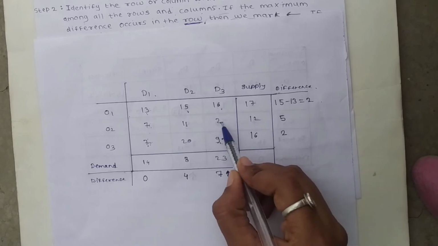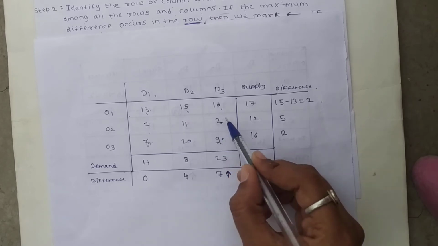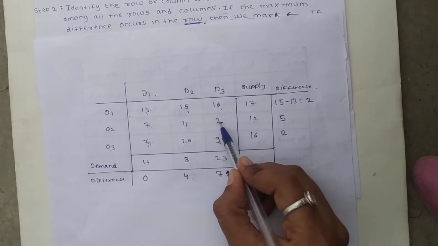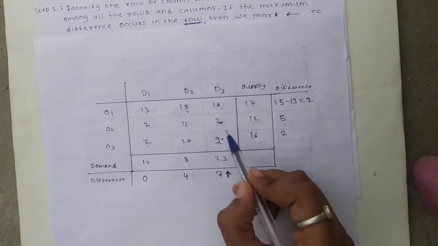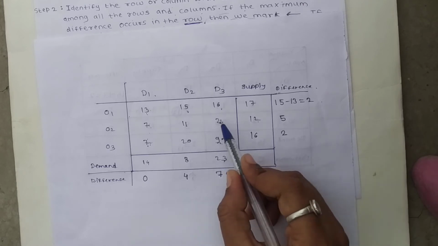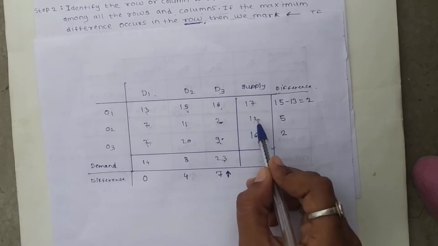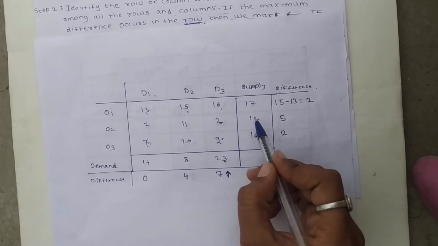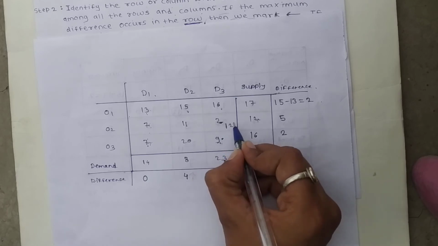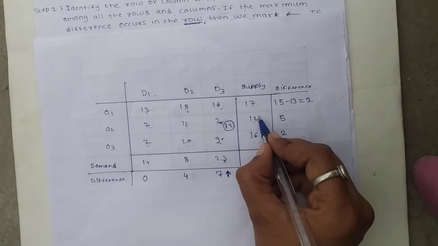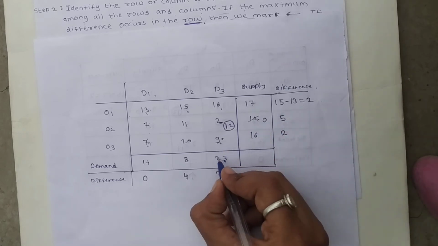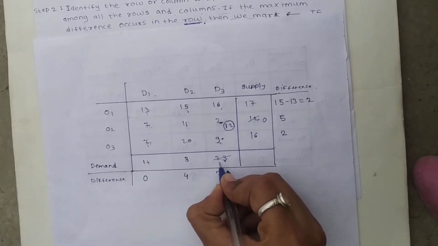The minimum cost is 2. So we select 2. For 2, supply is 12 and demand is 23. So select the minimum of supply and demand. Here the minimum is 12. So allocate 12. 12 minus 12 is 0, and here 11.